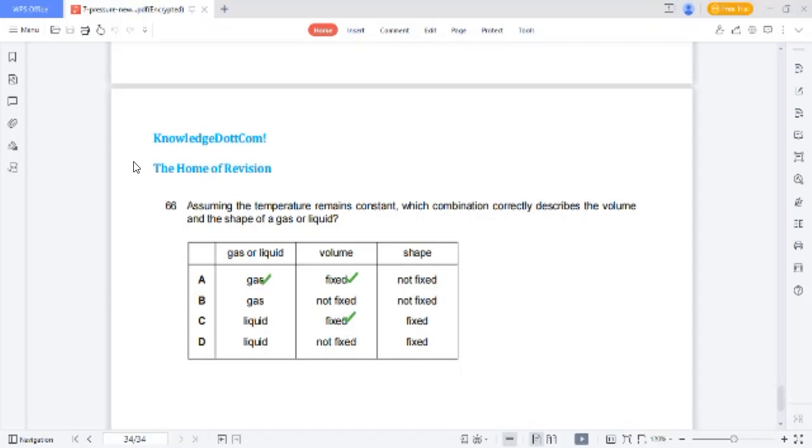It can be liquid, it can be gas. Okay, shape. The shape of a gas, there is no fixed shape. So we can consider this one.